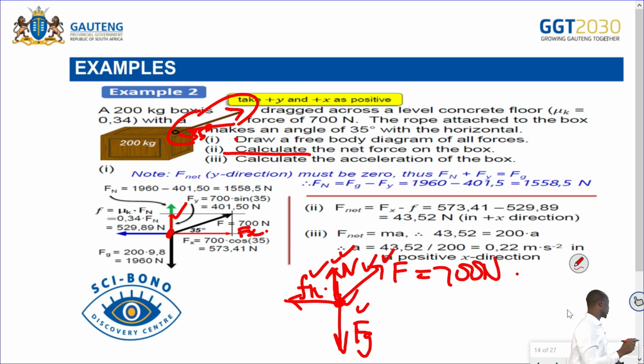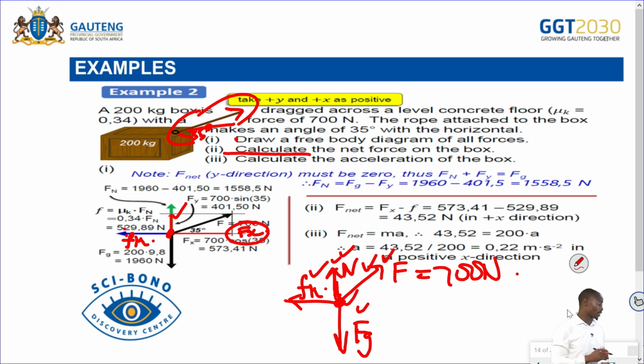So how many forces are horizontal? It's this Fx and this frictional force. Then they want us to draw a free body diagram. We have done that. Calculate the net force on the box. So now when it comes to calculation, the force is applied at an angle, so resolve that force into its components so that you'll be able to see all the vertical components and also horizontal components.